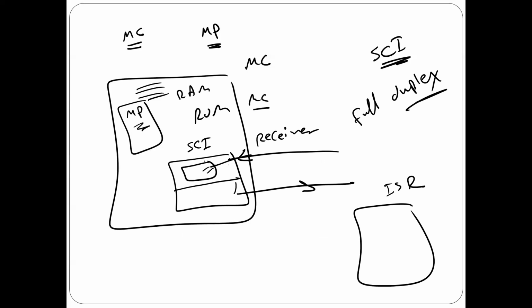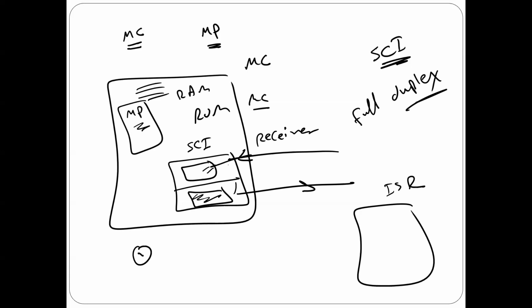When you transmit, there is no interrupt for transmission, but all you have to do to transmit some value is, number one, make sure the buffer is empty. Why? Simply because the microcontroller is much faster than the SCI circuit, and I cannot just overwhelm the SCI circuit with data.